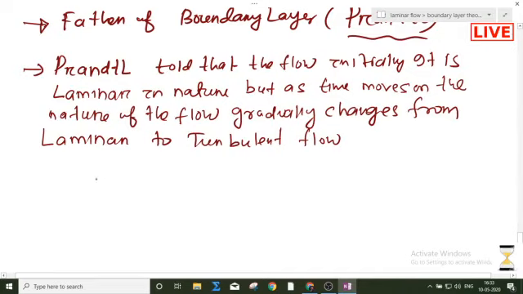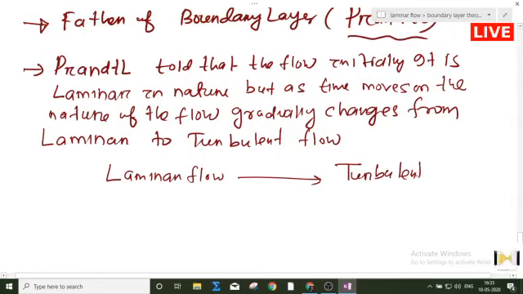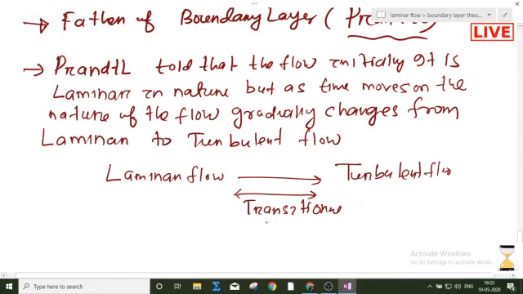So this laminar flow is gradually changing to turbulent flow. The zone where the transition is occurring is called transitional flow. It is converting from laminar to transitional flow, and transitional to turbulent flow.